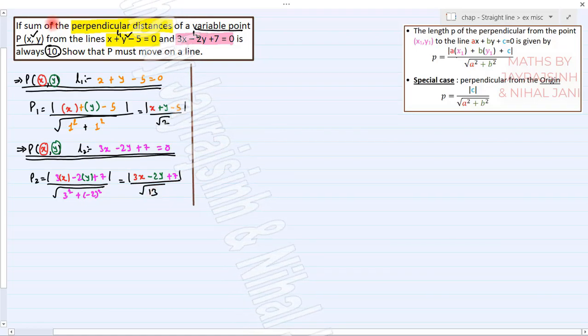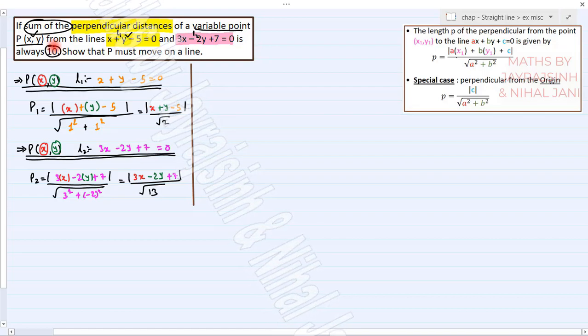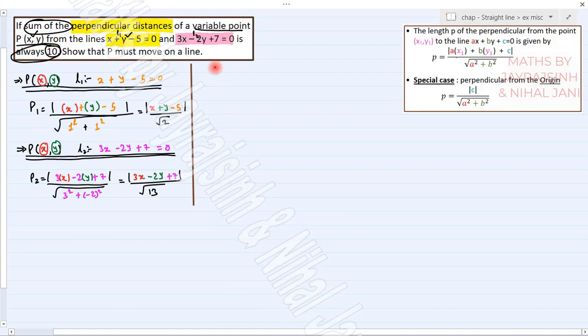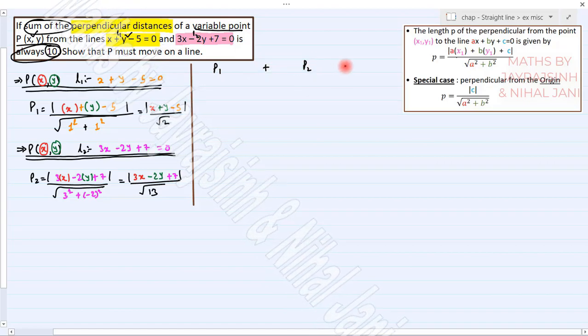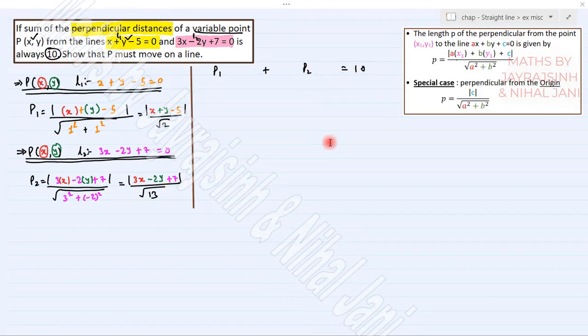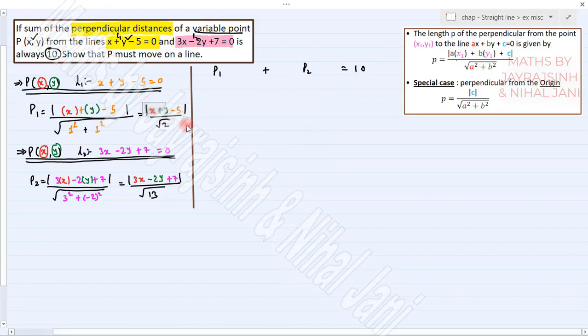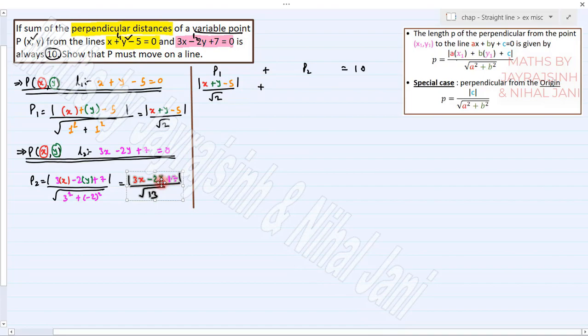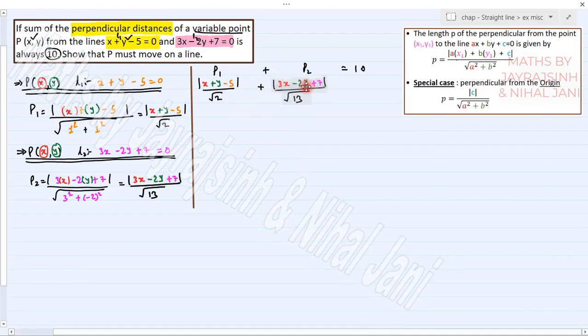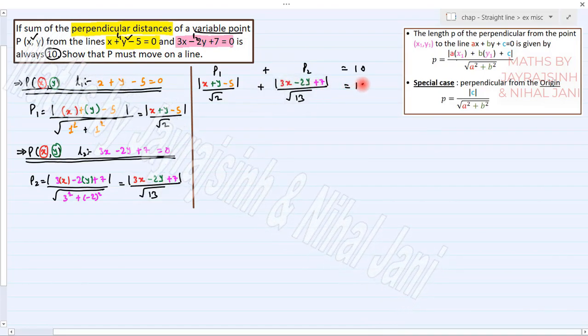Now, if we recall the question, it is given that the sum of perpendicular distances is always 10. So we can say P1 plus P2 must be 10. Now, let's put in the values of P1 and P2, which must equal 10.